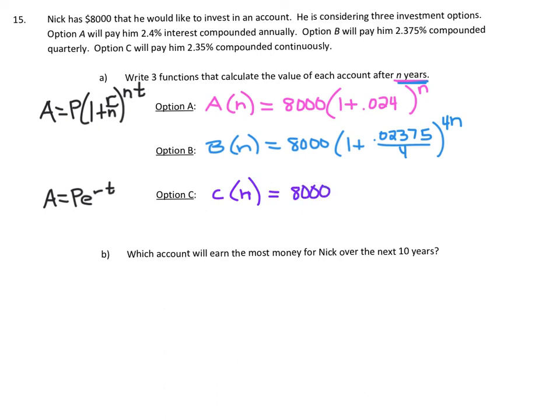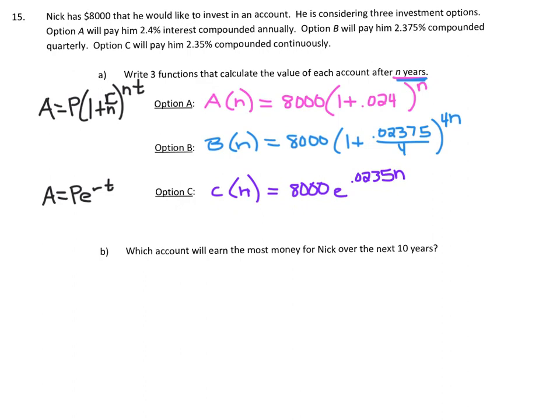Going to bring down the E. Okay, this time our rate, if I move this decimal back twice, will be 0.0235, and that's also going to be to the n power.